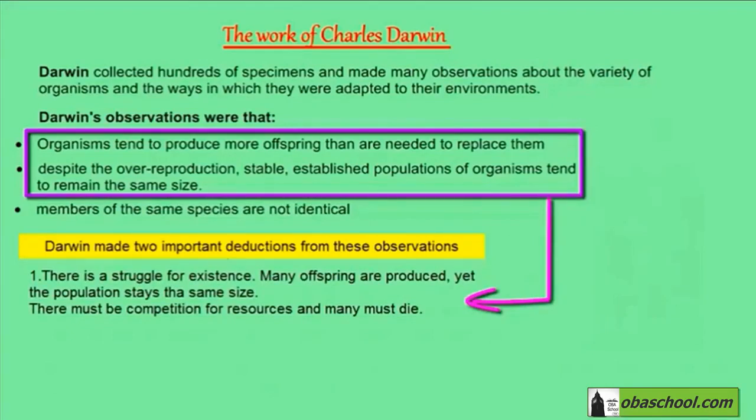Many offspring are produced, yet the population stays the same size. There must be competition for resources, and many must die. So he concluded that there's competition for resources, like food and water. The stronger survives and the weaker dies.